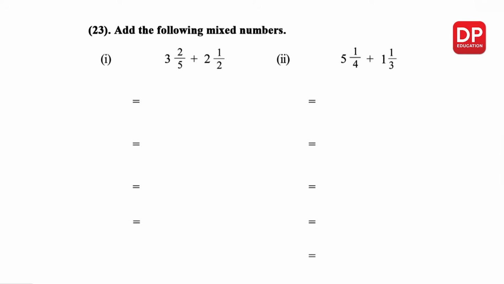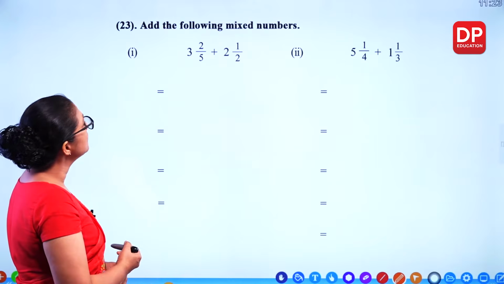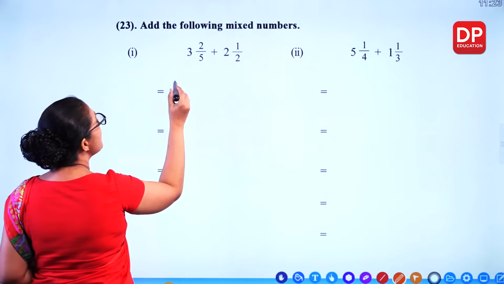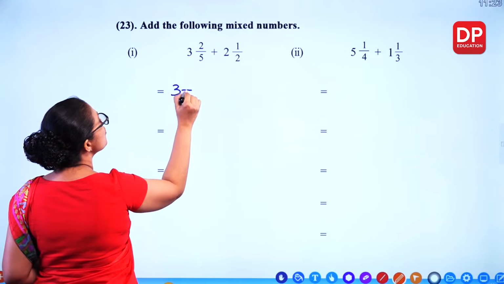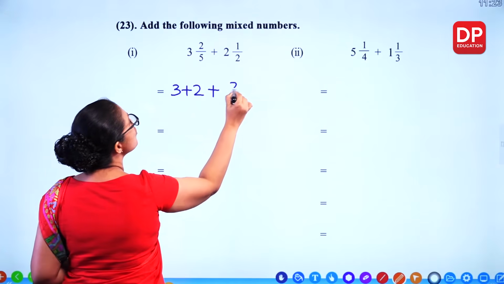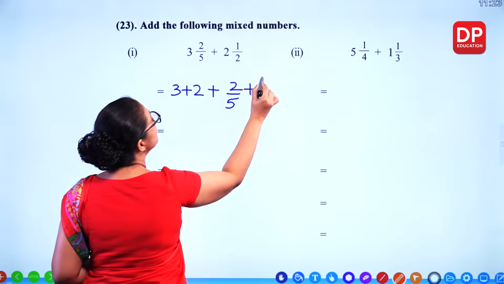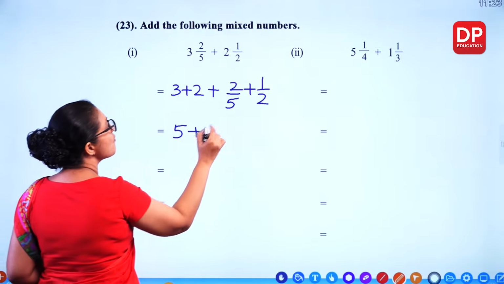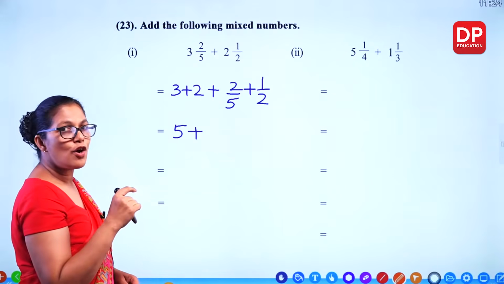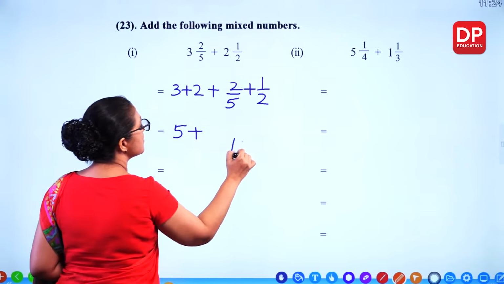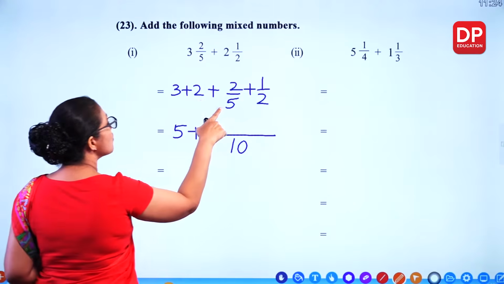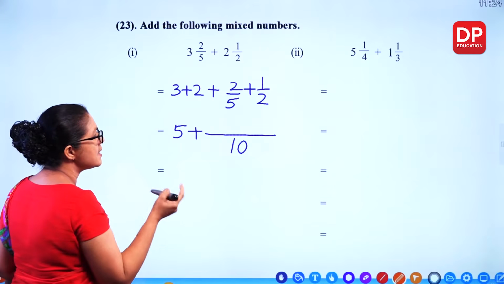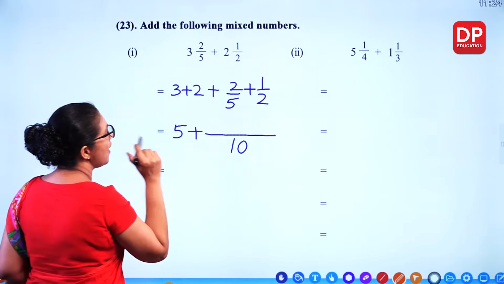Add the following mixed numbers. How can I add this? The whole numbers separately. 3 plus 2. Fractions separately. 3 plus 2, 5. 5 and 2, what's the common denominator? You get 10. So both the fractions you have to convert to the denominator 10 equivalent fractions. 5 times 2.